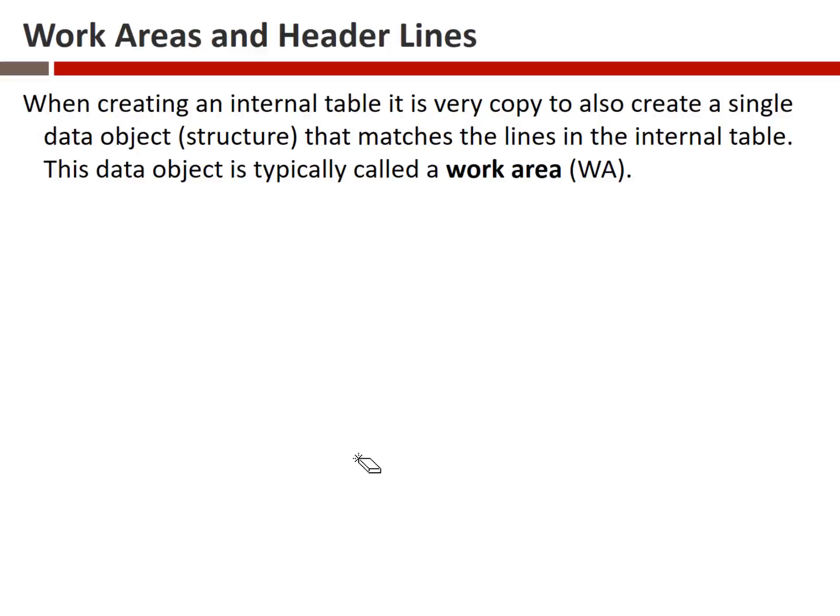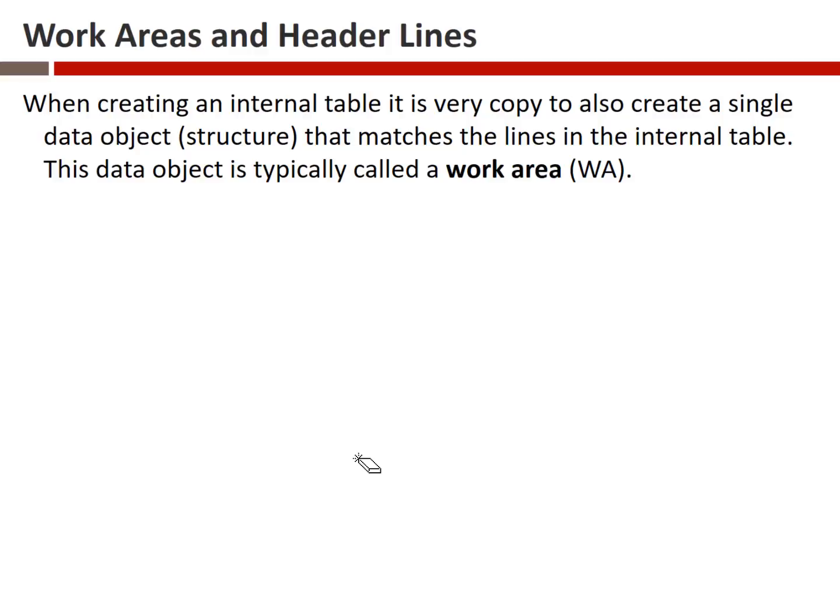When creating an internal table, it is very common to also create a single data object, a structure that matches the lines in the internal table. This data object is typically called a work area, okay? So here's the idea.